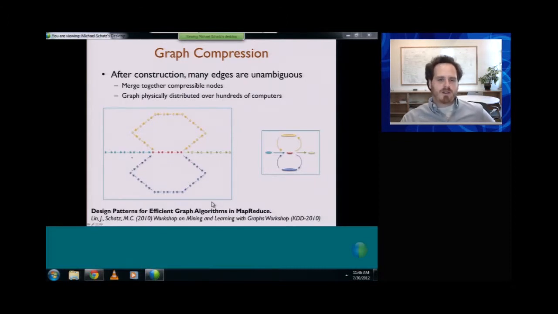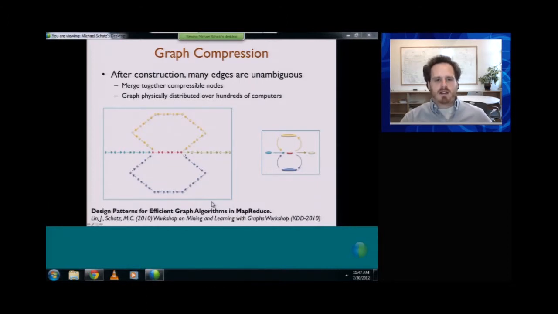Really, the challenge is, once we build this graph and it's spread out over hundreds of different computers in our MapReduce cluster and our Hadoop cluster, how do we synchronize all this computation so that the different parts of the graph can be traversed and simplified, so we can recognize important motifs and so forth.